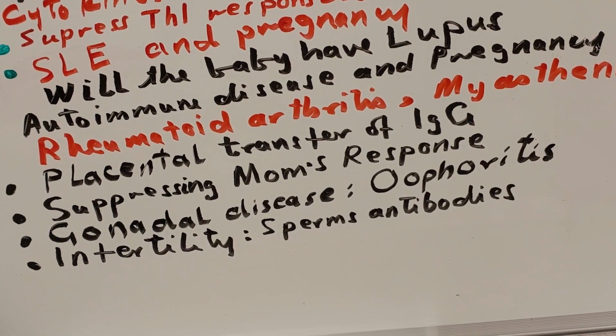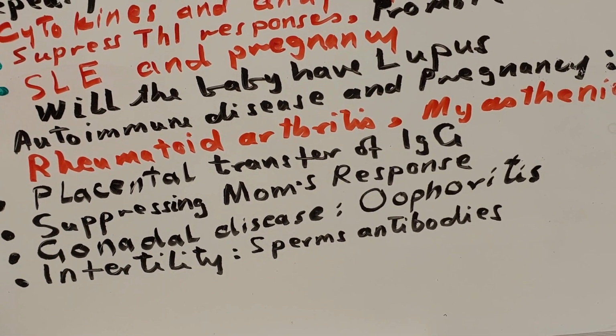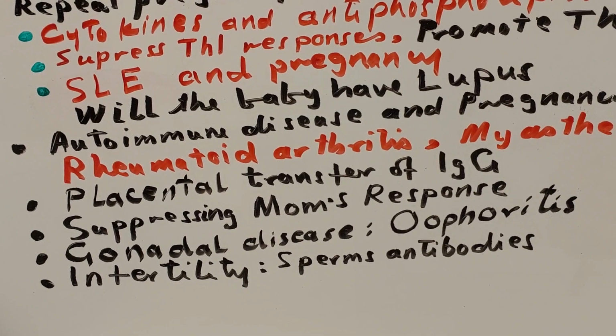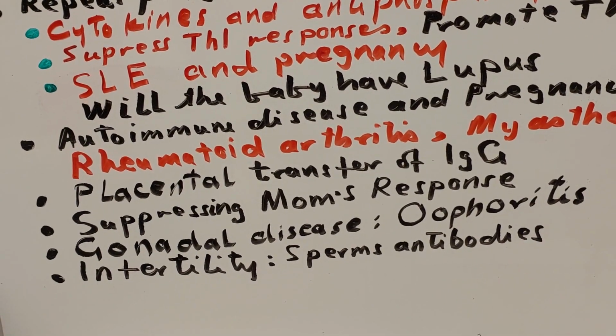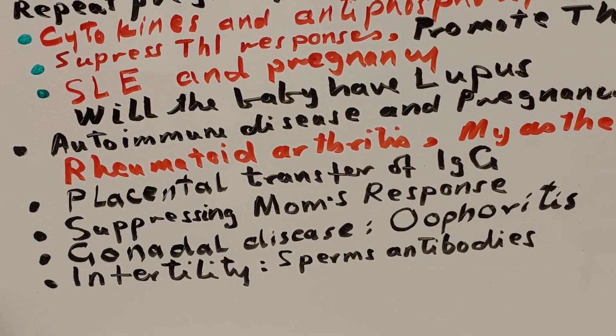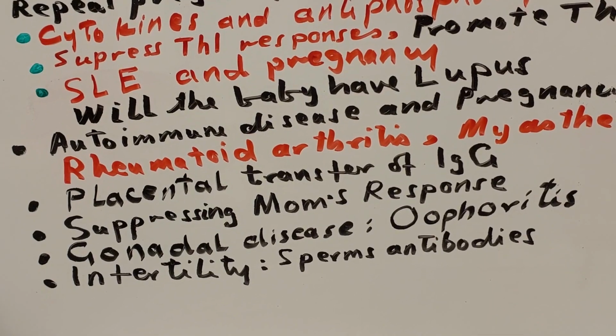As I mentioned before, one of the main functions of the female reproductive tract is maintenance of immune tolerance to allogenic antigens of the fetus.